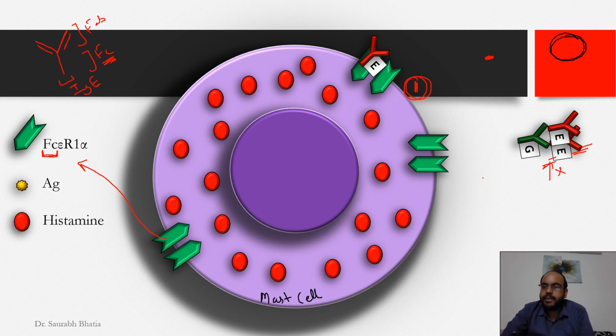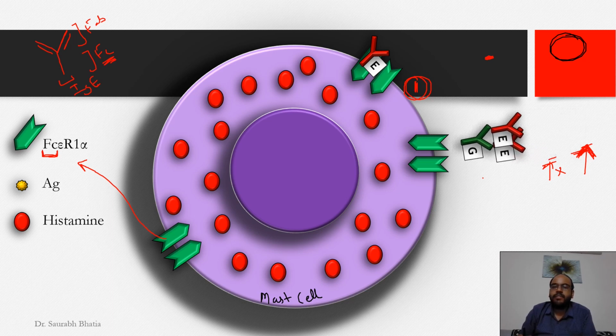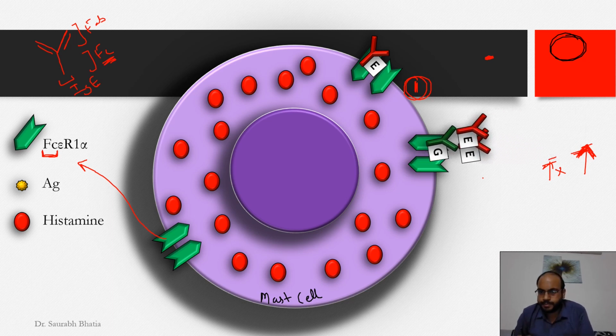In the second method, you have IgG antibody against IgE antibody, and whenever there are circulating IgE antibodies, this IgG will attach itself to IgE antibodies, which activates this IgG antibody, and this activated IgG antibody will attach to the receptor. So in the first step, you have activated IgE attaching to receptor. In the second, you have activated IgG attaching to receptor.